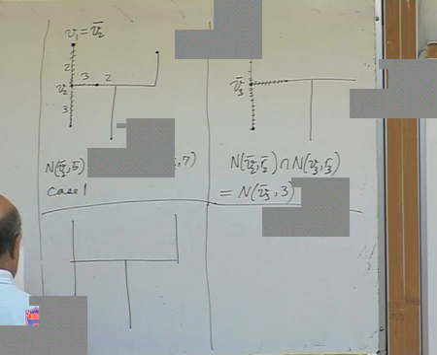So here's a remark. Note the fact that N(A, R) equals N(A cap, R cap) does not imply in general that A equals A cap and R equals R cap.